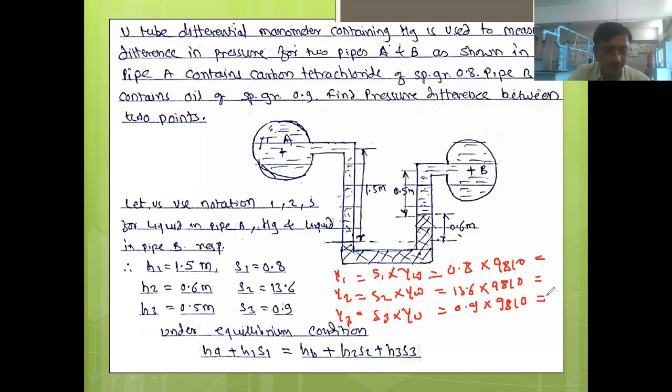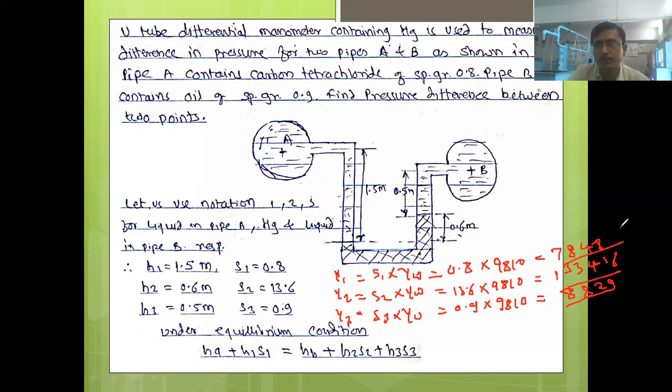9810 into 0.8 has come 7848, then 13.6 is coming 1,33,416, and lastly 0.9 has come 8,829.